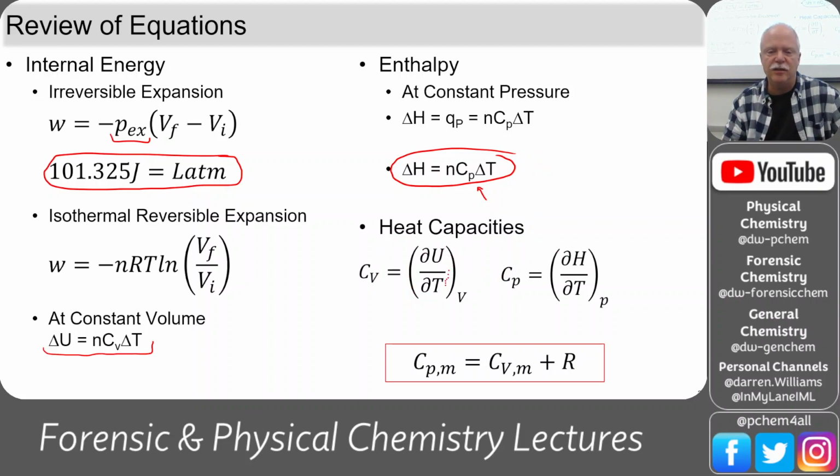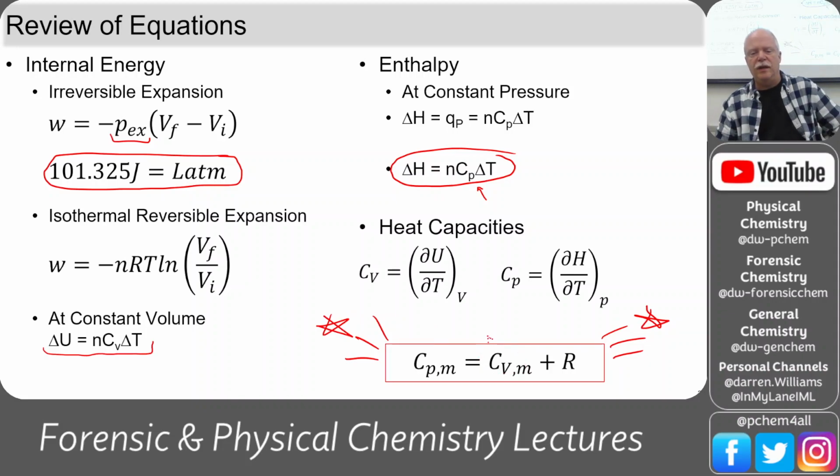It's the instantaneous slope of the internal energy with respect to temperature, keeping volume constant, and the instantaneous slope of enthalpy with respect to temperature at constant pressure. And then this is a very important equation, so let me put some stars on this one. We're going to use this one a lot too. So again, we can take CV and add another unit of R, and get CP.